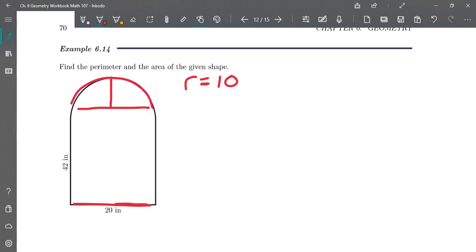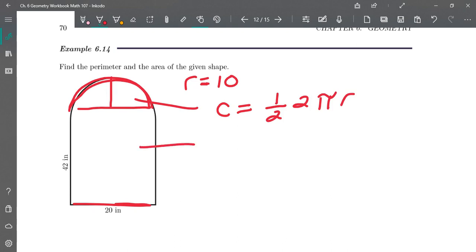You can find the perimeter, or circumference, of the semicircle, which would be half 2 pi r, so half of the circle. And the perimeter of the rectangle is going to be just adding up the sides: 42 plus 20 plus 42.